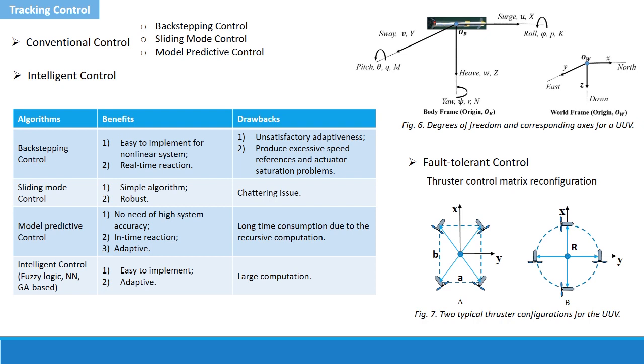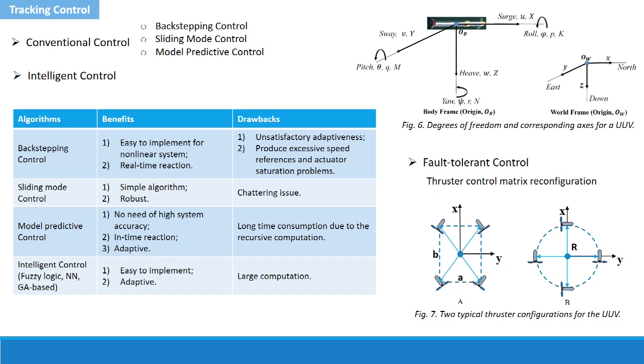For example, in figure 7, the 2 typical UUVs both have 5 thrusters, 4 distributed around the body side and 1 in the center. You can see it's a cross section in the center. The number of thrusters, 5, is greater than the number of degrees of freedom considered in the UUVs' navigation.